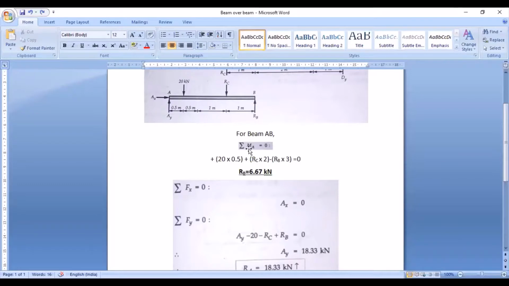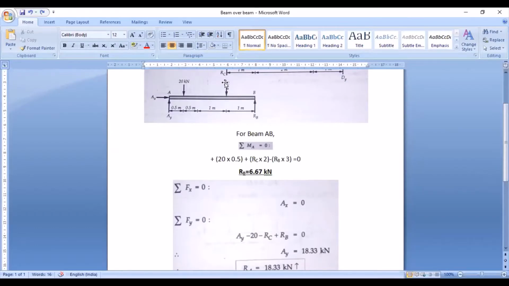So sigma moment about A is equal to 0. The first force, that is 20 kilonewton, is a vertical force. The distance is horizontal, which is to be multiplied, and it is causing a clockwise moment. Therefore, it is 20 into 0.5. Plus Rc. Now, this Rc is nothing but the point of contact between beam AB and BC.